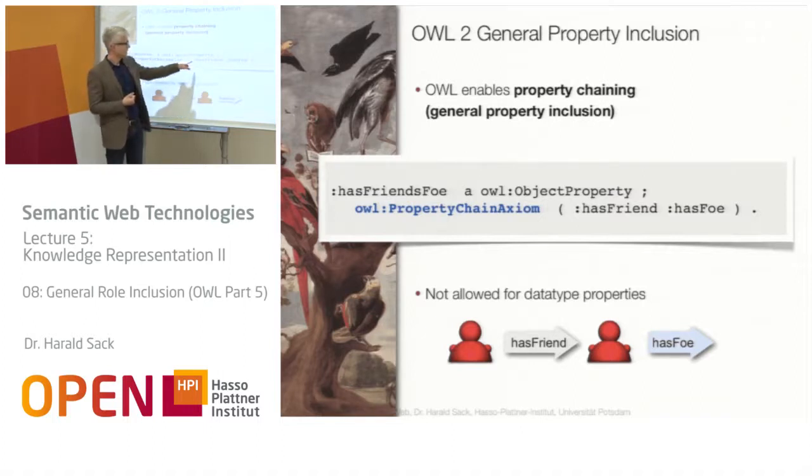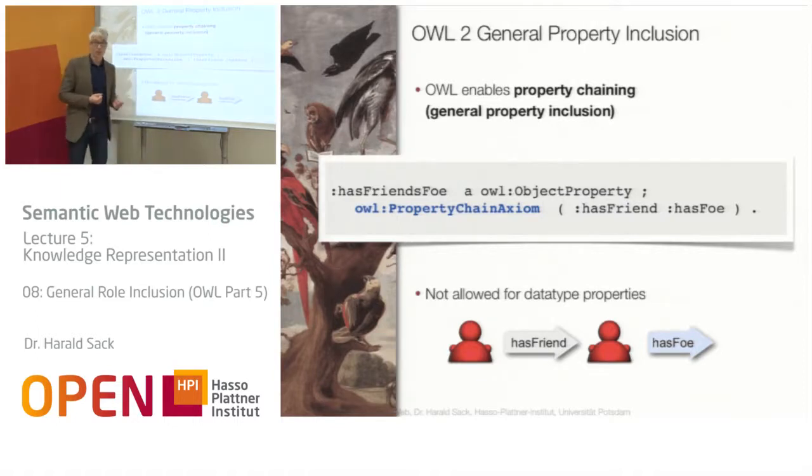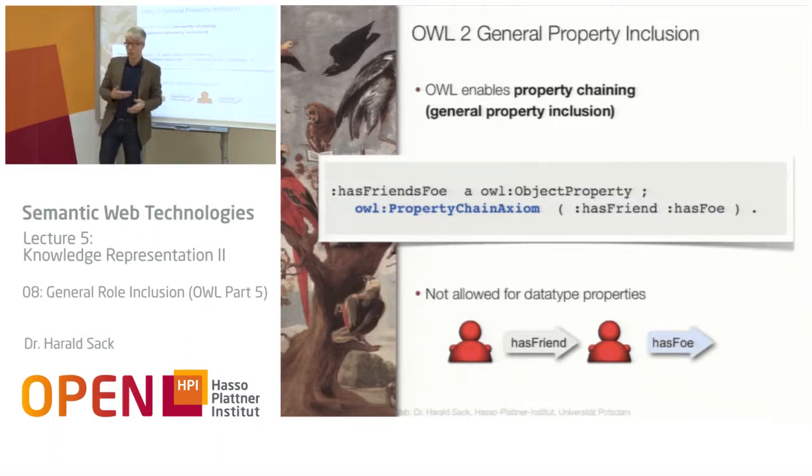We connect hasFriend with hasFoe. So this is a property chain, and we allow this for hasFriend, hasFoe. Of course, this only holds for object properties. It does not make sense to apply this chaining to data type properties, because how should you connect data type properties? So this is only allowed for object properties.